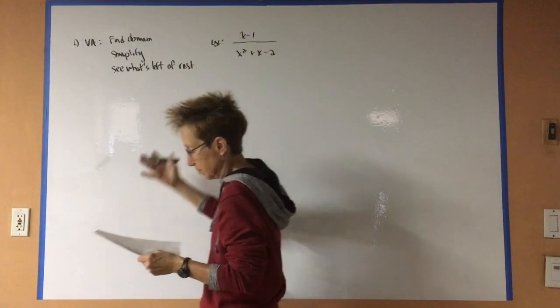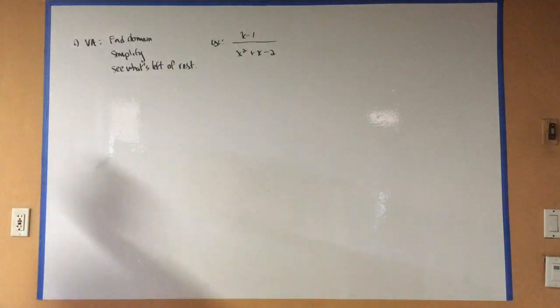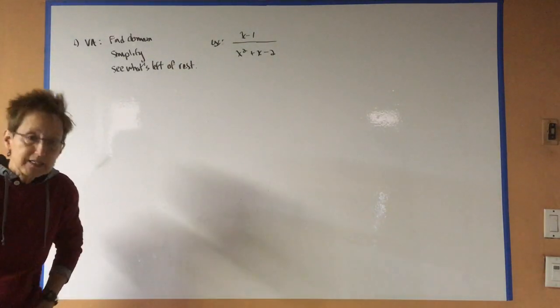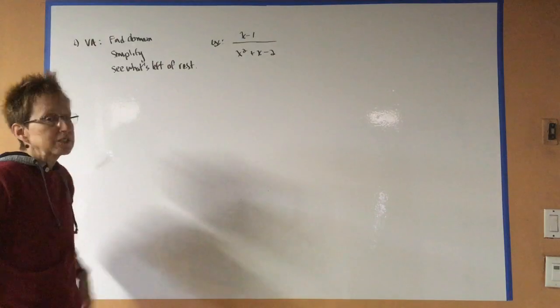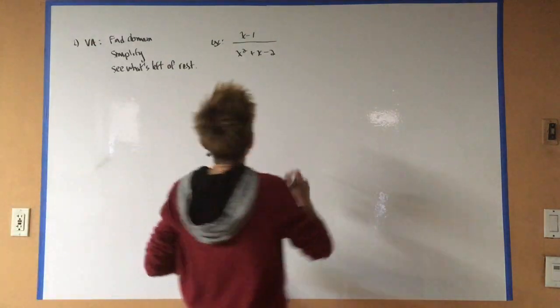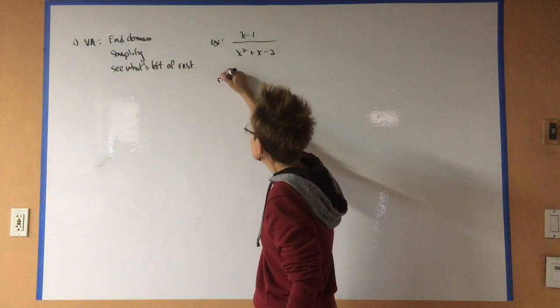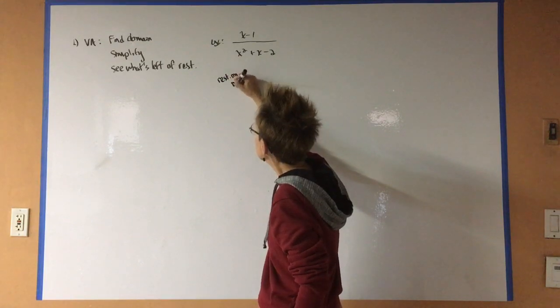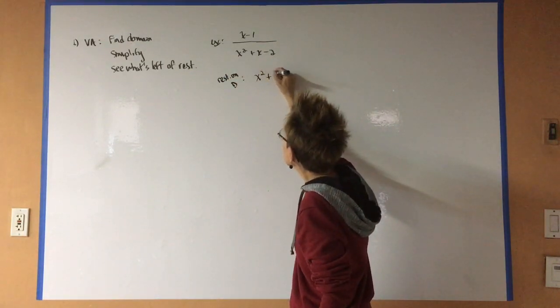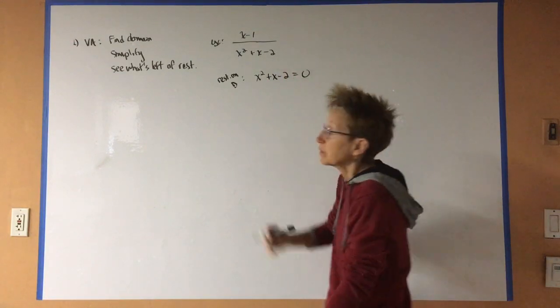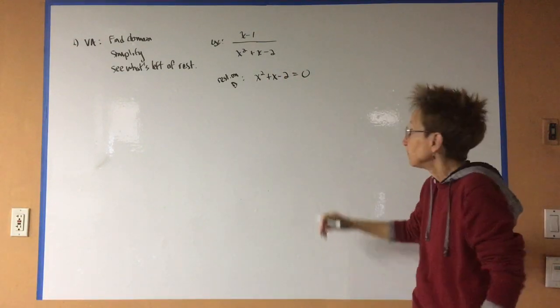If this is my f of x, and I'm trying to think about what vertical asymptotes it has, I'm going to think about its domain, in other words, its restrictions, and then I'll go from there. So let's think about restrictions on the domain, which means the denominator, x squared plus x minus 2, I'm going to set it equal to 0 and see what happens.